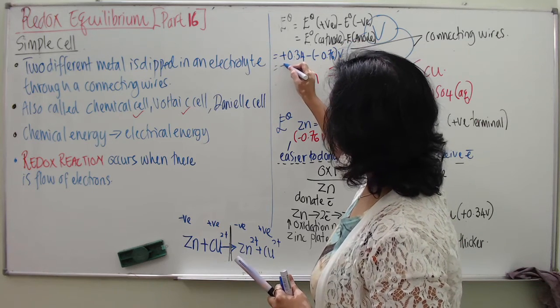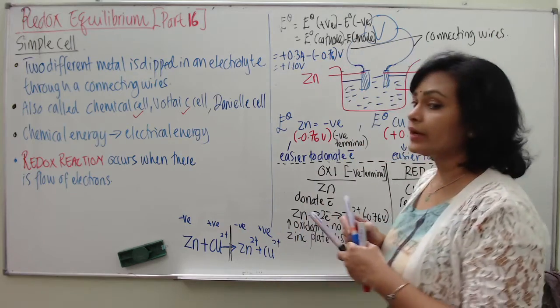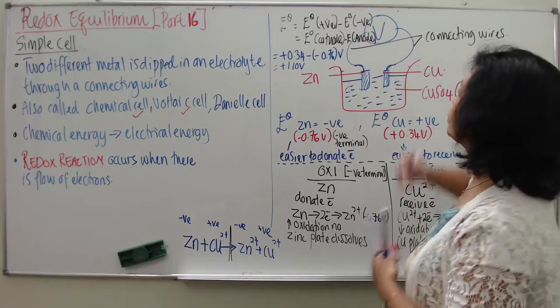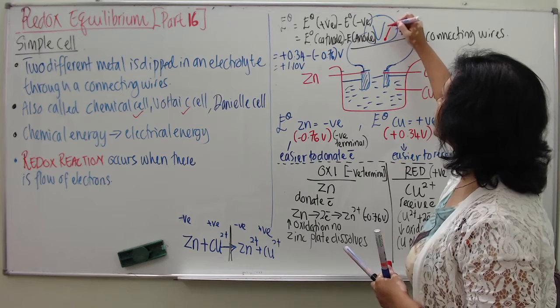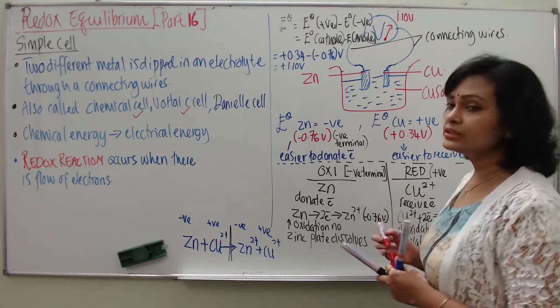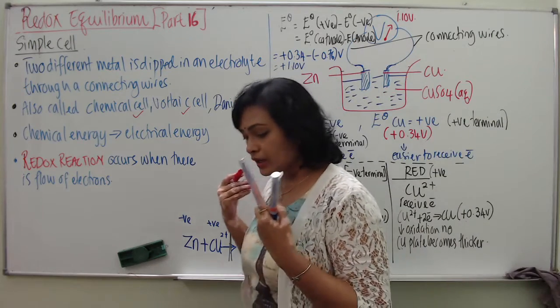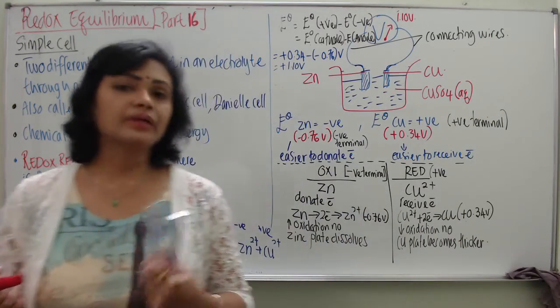So we get positive 1.10 volt. So we can come to the conclusion that the voltmeter is going to give the reading of 1.10 volt. So this is how we discuss simple cell.